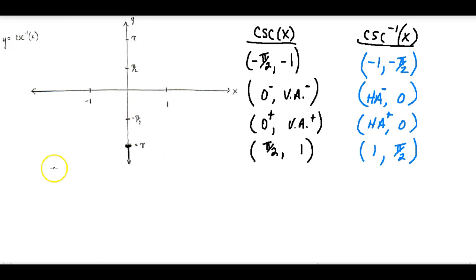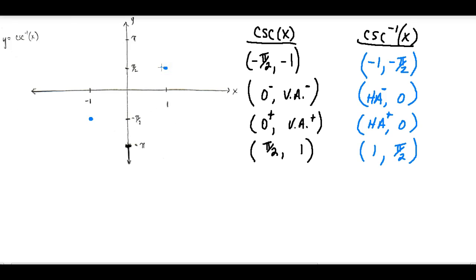We'll start off with the easy points first. We'll go ahead and plot negative 1, negative pi over 2, and 1, pi over 2. So negative 1, negative pi over 2 would be right here. And then, of course, 1, pi over 2 would be here.